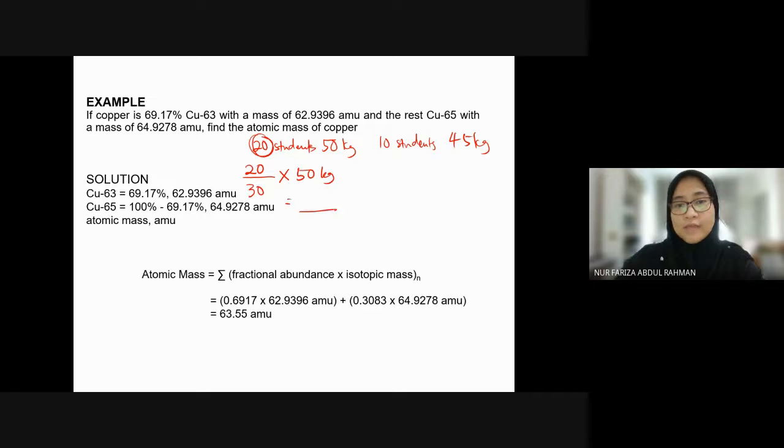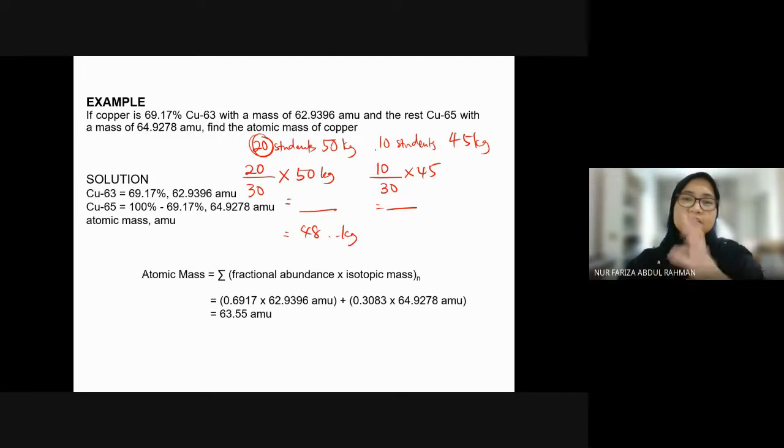Then we have the value. And then 10 students just now, 10 over 30, times 45. Then the value. Next, we total up these two values to get the final average weight for S20's students. So it's around 48 something. That is how you calculate the average weight in this case.